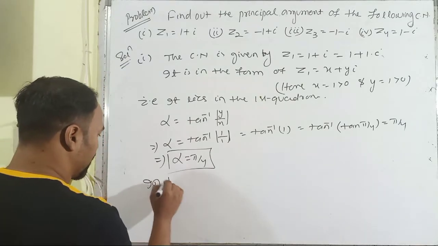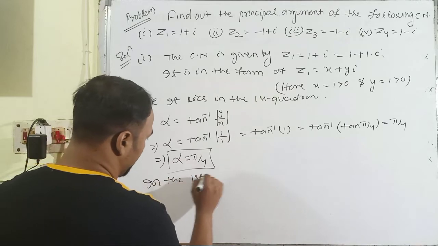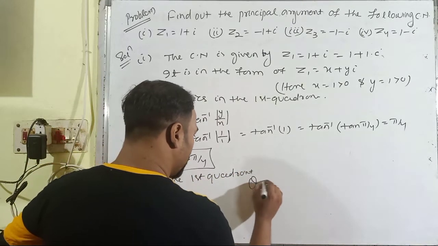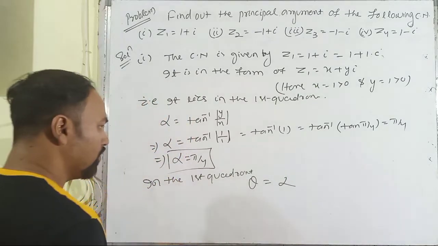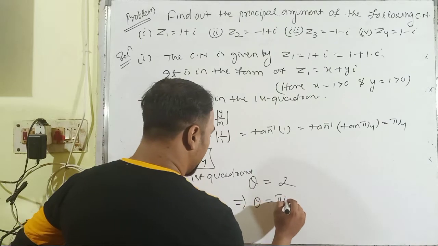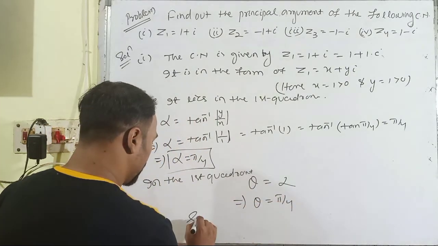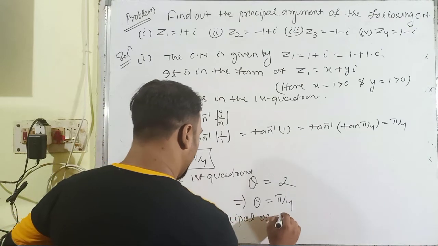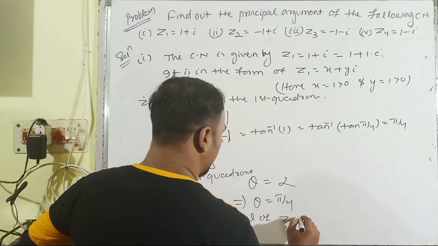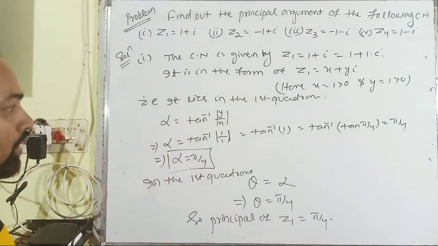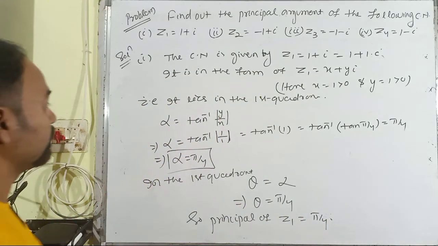In the first quadrant, we know that theta is equal to alpha from the definition. Then theta is equal to pi by 4. So the principal argument of z1 is equal to pi by 4, and here is the solution. Then moving towards the second part.